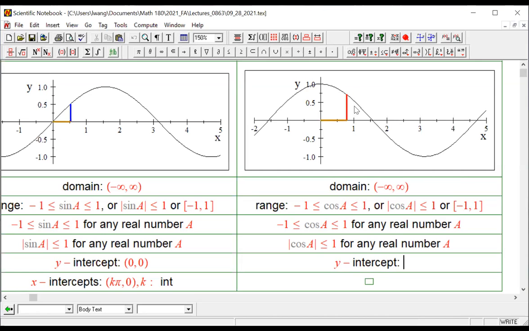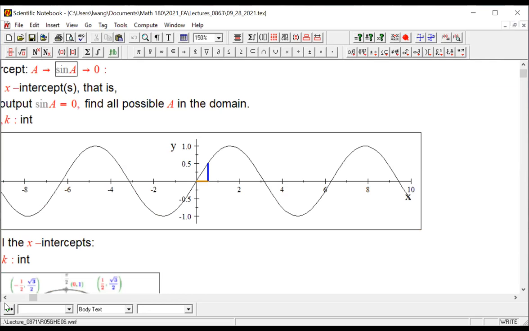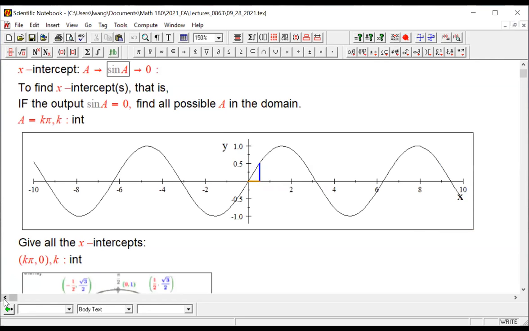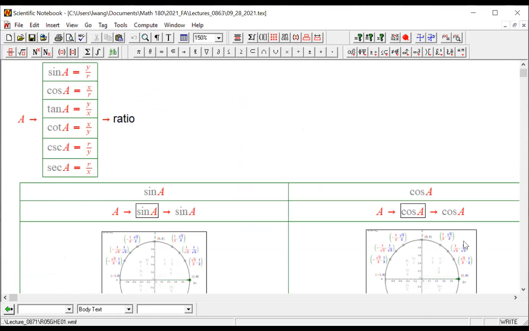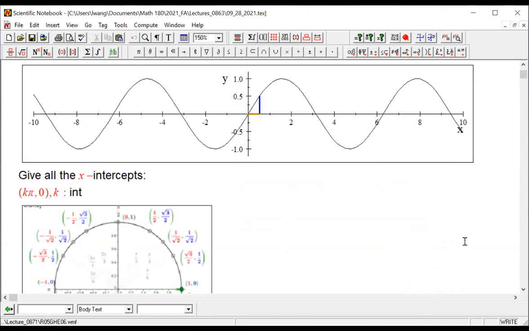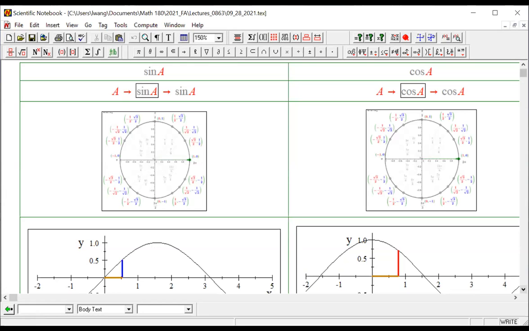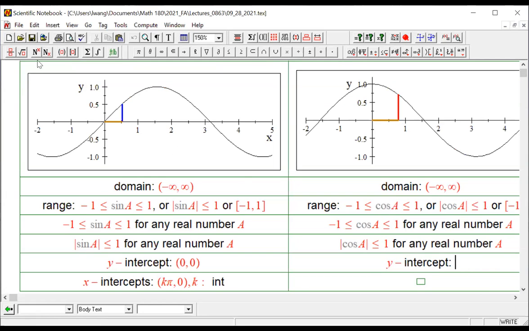You can tell from the picture here. Once again, the y-intercept is the same concept: when the input is 0. So when the input is 0, what is the output?